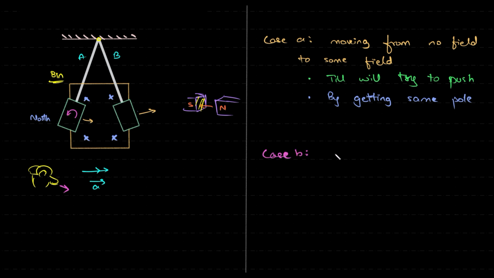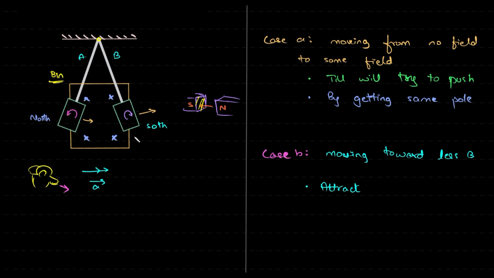Here, we are moving towards no field, moving towards less field. So it will try to oppose that. It will attract because it doesn't want to change that. How will it attract? By making this south. So obviously it has to be the other way around.